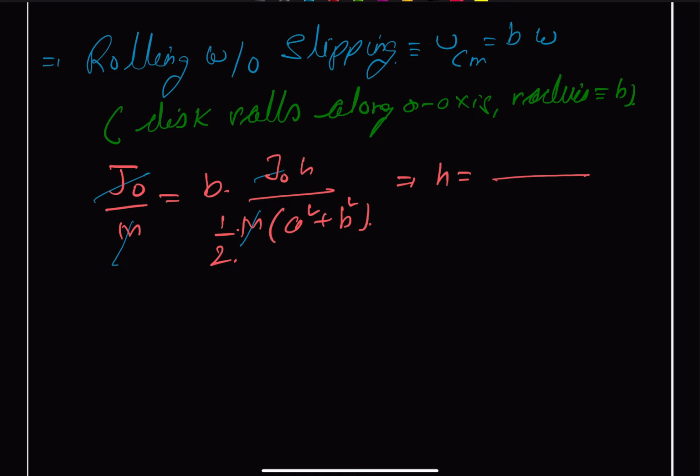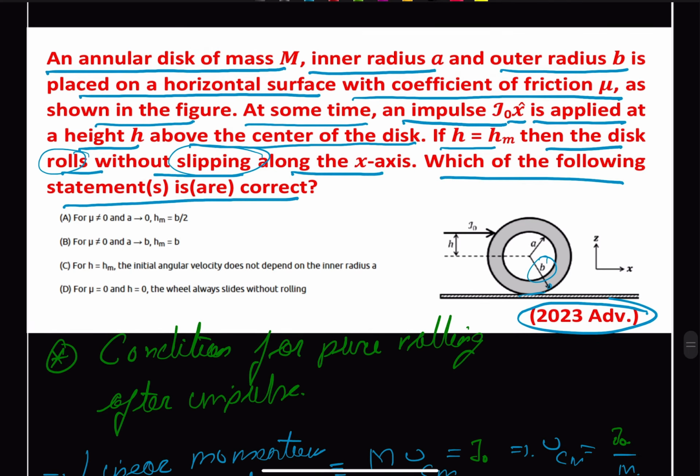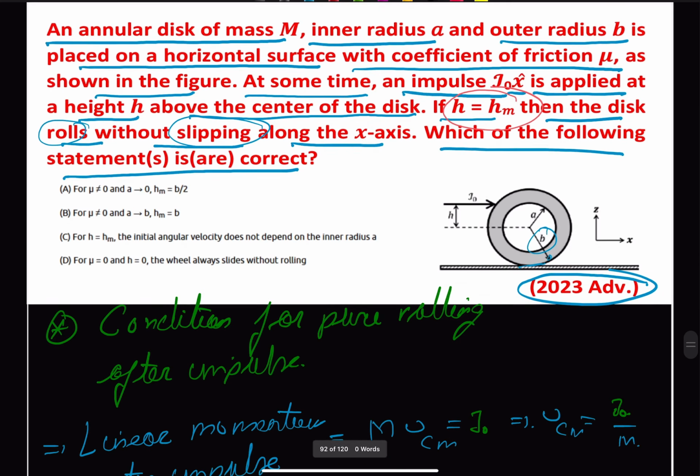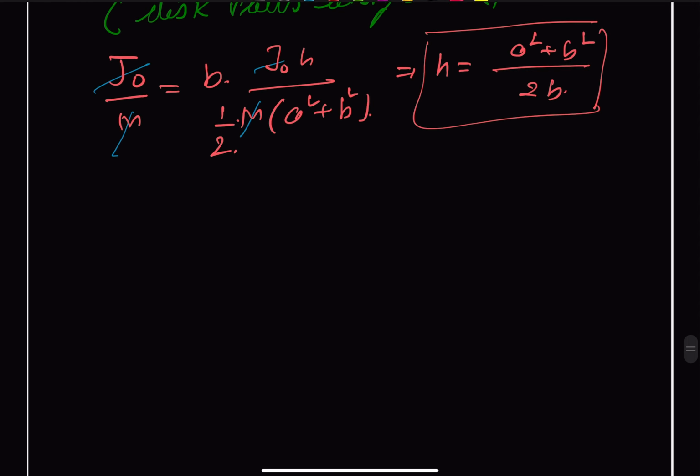H will be equal to a square plus b square divided by 2b. And because in the question it mentions that if h is equal to hm, then only there is rolling without slipping, we can just substitute h by hm. Therefore we can say that our hm is equal to a square plus b square divided by 2b.